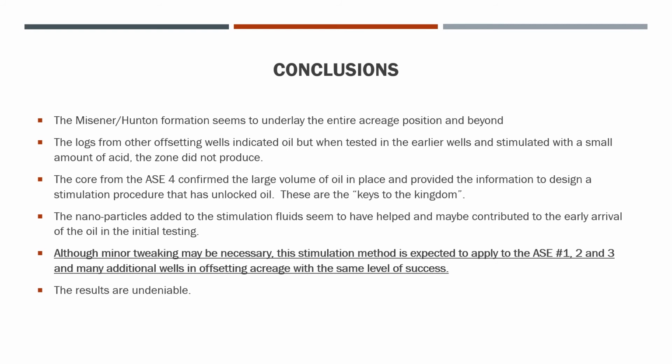When we drilled the next well, the ASE number 4, we took the core. We confirmed that there is a large volume of oil in place, and it provided the information so that we could design a procedure that unlocked it. That procedure and the work that we've done with it since are effectively the keys to the kingdom.